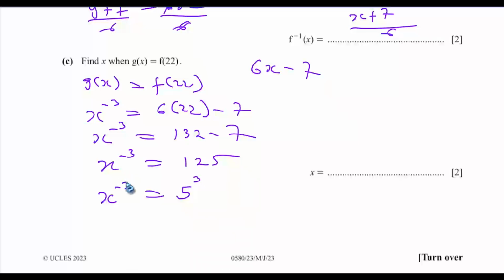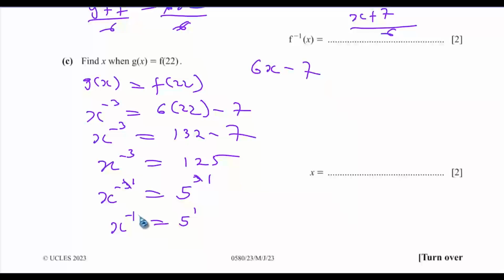Okay, and finally 3 goes in 3 once. We are left with x to the power of negative 1 equals 5 to the power of 1. So here we can multiply the powers by negative 1 because I want the x to be positive.